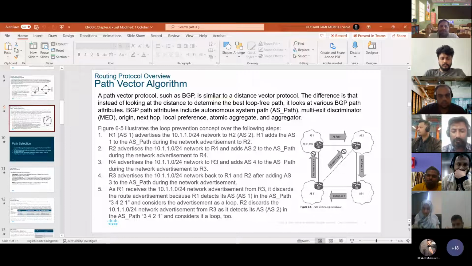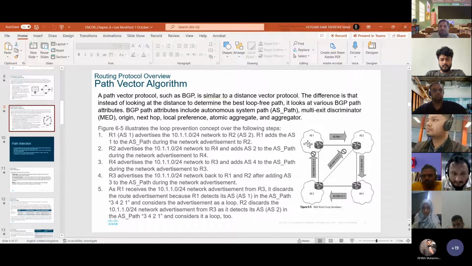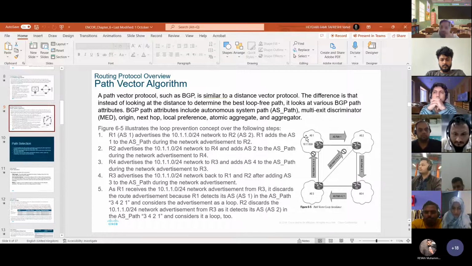So, for instance, imagine, Ibrahim, that this is Sky, and this is 3. So 3 in the UK is one of the main ISPs, or one of the main autonomous systems, and Sky is another ISP.